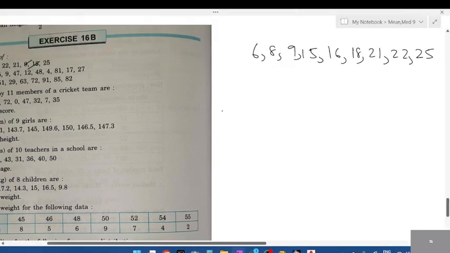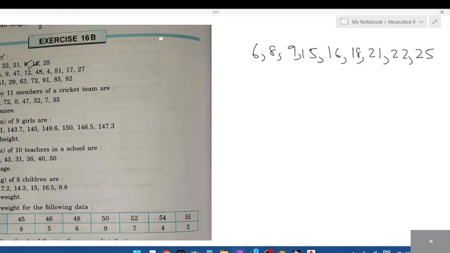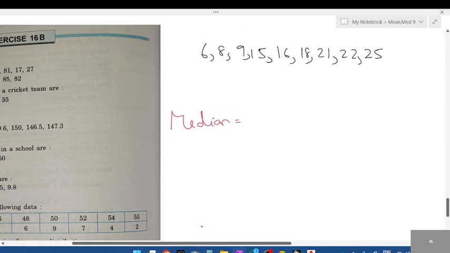So this chapter is known as median. The question they asked is to find the median. First arrange them, students. Then count the number of terms. How many numbers are there? Count and let me know.